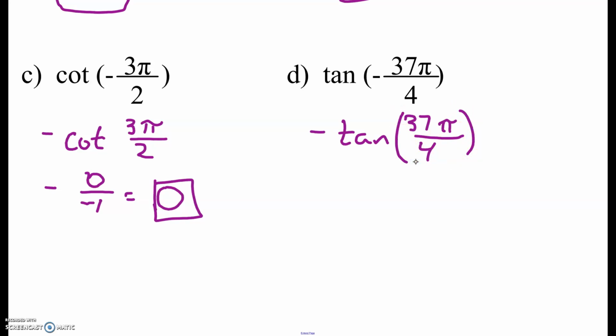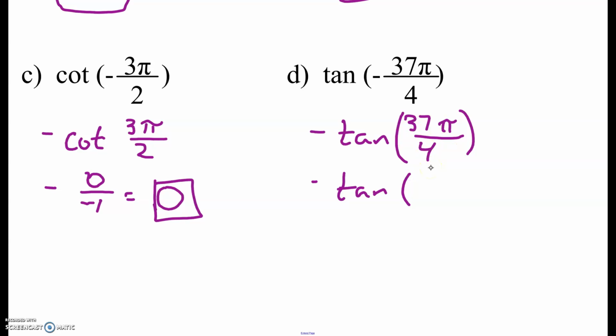And now we're going to use the fact that tangent has a period of pi, so we can remove full factors of pi. So this is going to be the opposite of tangent.